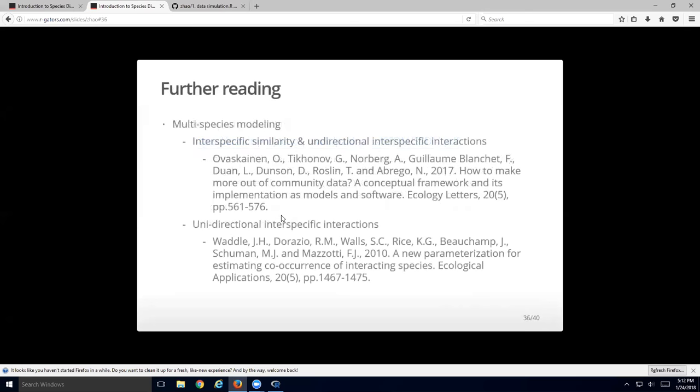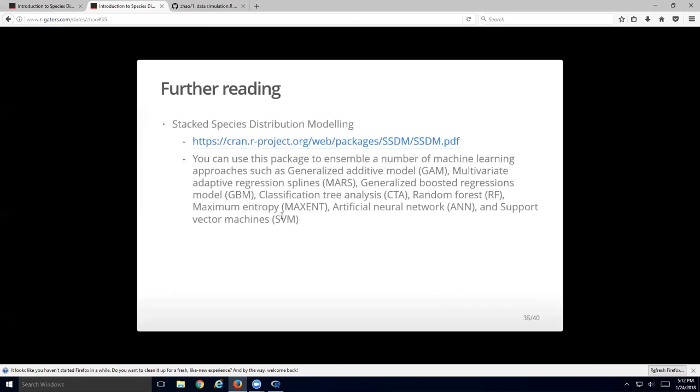Question. So have you used the Mars in Biomod 2? I didn't. I forgot the package I used before, but at some point I found the Earth package.